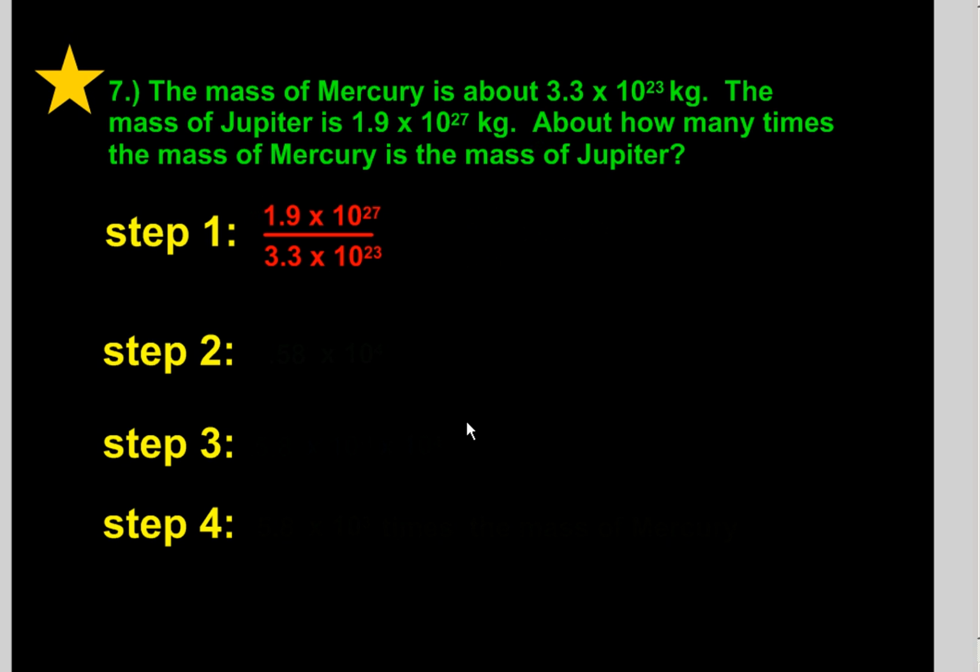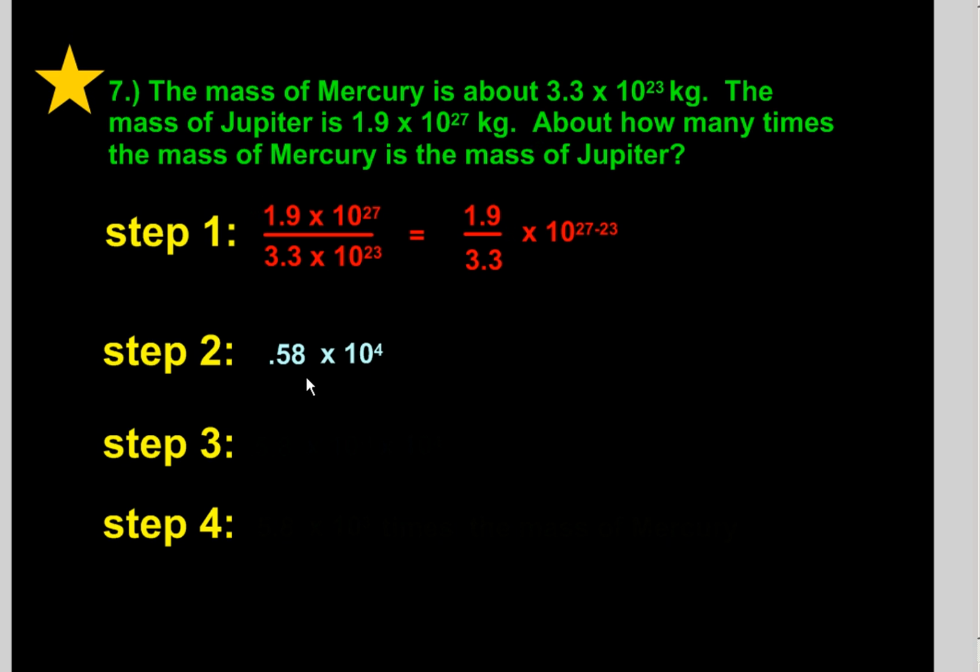And then let's break them up so that we have numbers over numbers, and because we're dividing, we're going to subtract our exponents. As we solve that out, when you divide 1.9 and 3.3, you're going to find that the answer works out to be 5.57575757, and it goes on for an extended period of time.